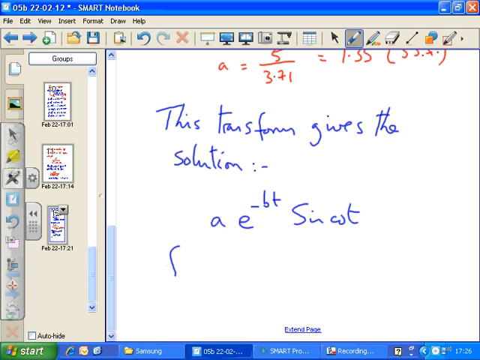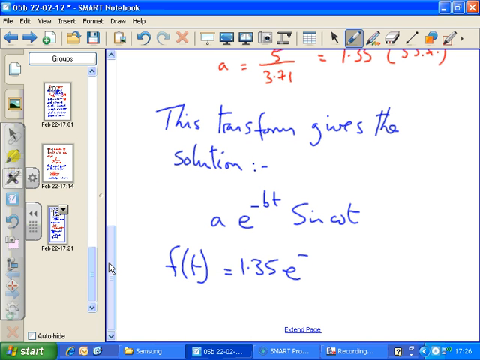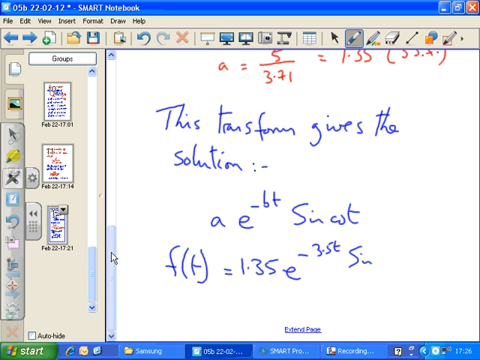The function involving time equals a, which is 1.35, e to the minus b, which is 3.5, t, sine omega, which is 3.71, t. And that would be our function that we would then plug into Autograph.